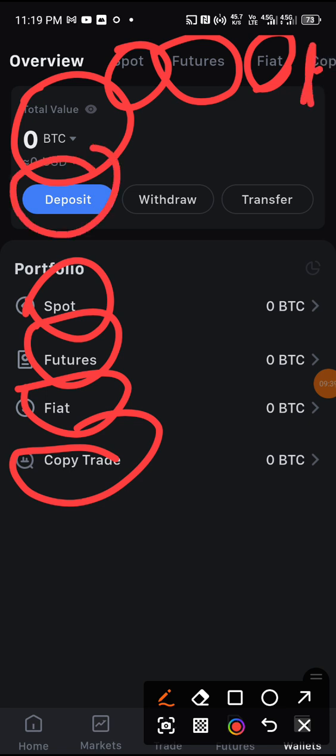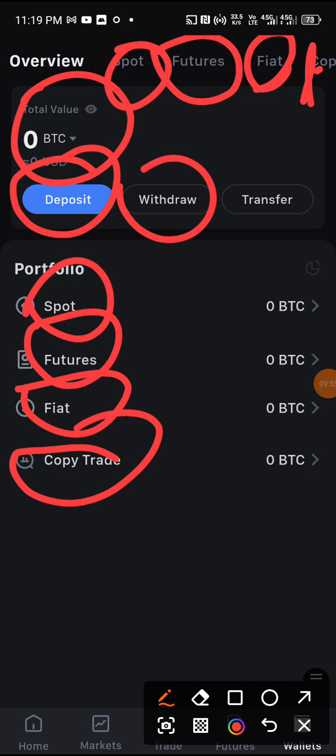If you want to deposit, you click here. On an occasion you want to deposit from another wallet, like from Bybit or Binance, you can click on this place to deposit.